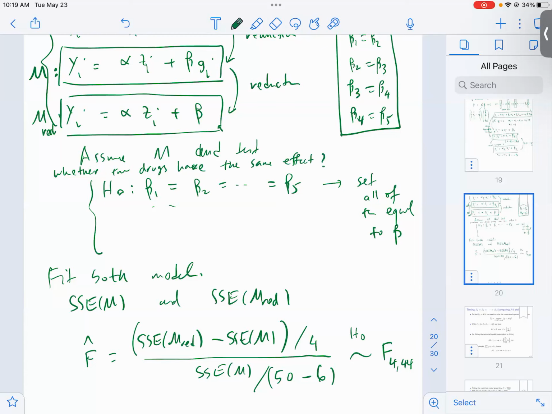If that's the case, and your original model is this M, then you can encode the hypothesis like that. Whether they have the same effect or not is equivalent to whether the betas are all the same or not. That depends on what question you want to ask.